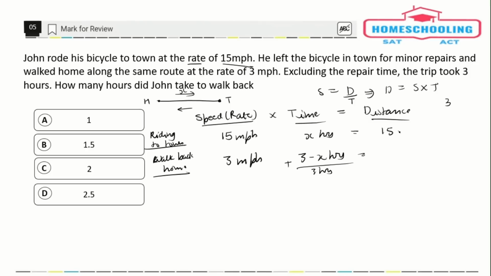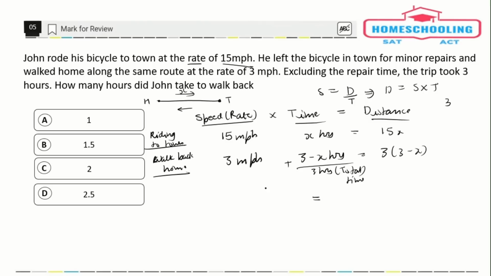So what is going to be your distance? 15x. And here your distance would be 3 into 3 minus x. As we know, the distance going from home to town is equal to the distance when he's walking back from town to home. So both distances are equal.